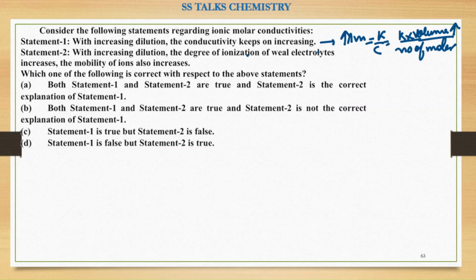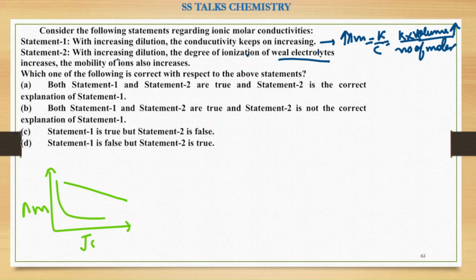Next, with increasing dilution, the degree of ionization of weak electrolytes increases. This statement is also correct. We have seen these curves. For strong electrolytes, the plot you observe is molar conductance versus the root of concentration, like this. But for weak electrolytes, you observe this type of plot. With decreasing concentration, a point comes where you see a sharp increase in the conductance.